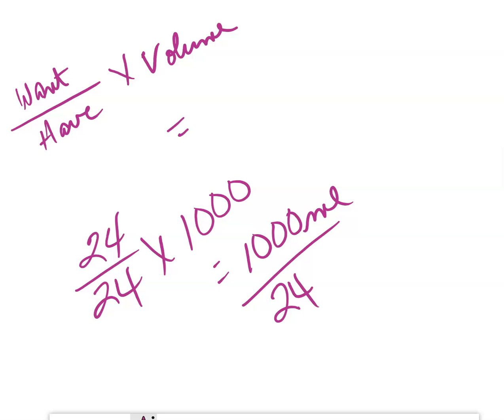Now it comes up with 41.6666666667. So we know that this 6 is going to turn into a 7, which turns this into 41.7, because again, there is no drip factor. It's a pump, so we're able to do tenths of a drip. It's actually going to be 41.7 mLs per hour.